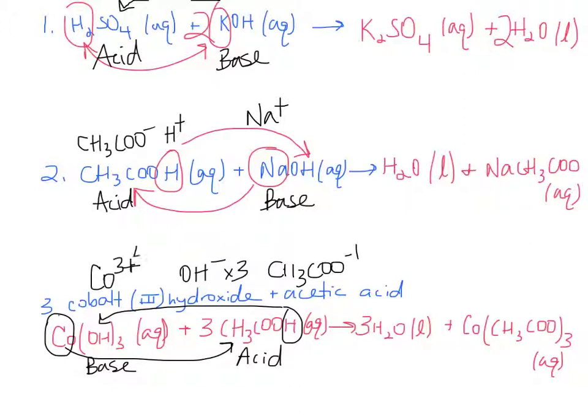So when these join together, we must need 3 of the acetates, the CH3COO-. So that's why we write it CH3COO subscript 3. Then to balance it, because we have 3 acetates here, we're going to put a 3 in front here, and then throw a 3 in front of water, and now it's all balanced. Okay, nice work, and you can work on the homework sheet.